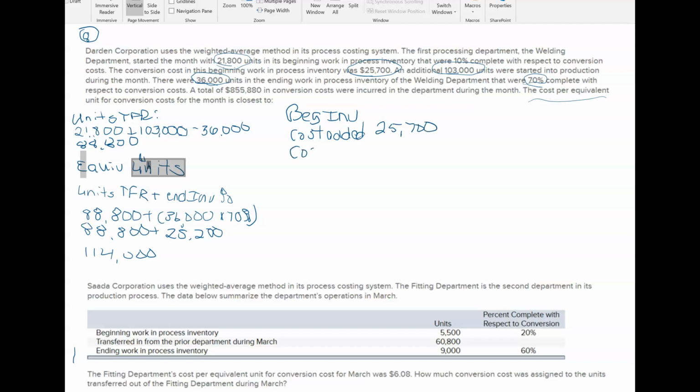And then the costs added is 8,558. So we have a total cost of 881,580.